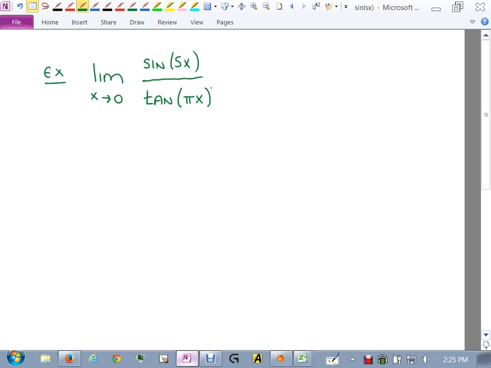What form do you get here? Let x go to 0: 5 times 0 is 0, sine of 0 is 0, so the top is 0. On the bottom, tangent of 0 is 0. So you're getting the form 0 over 0. L'Hopital's rule is okay to use.